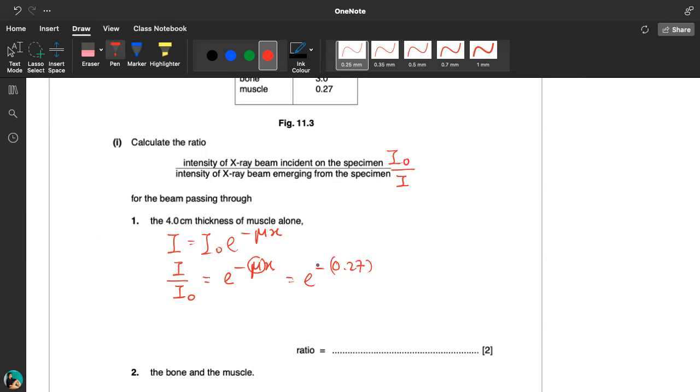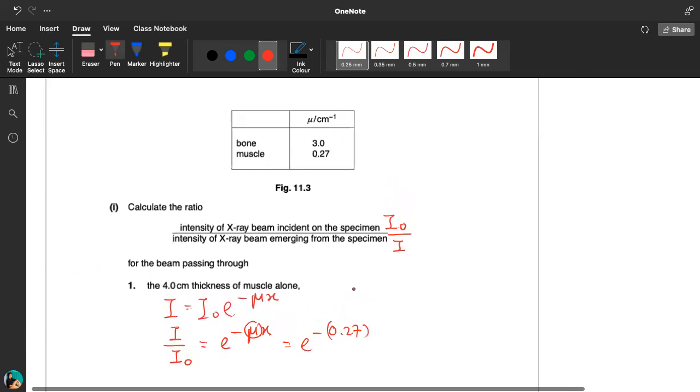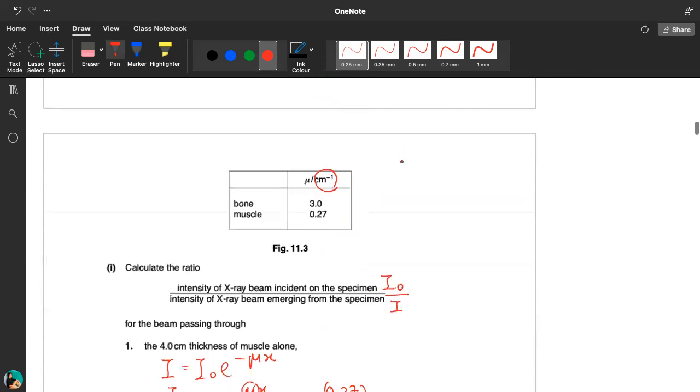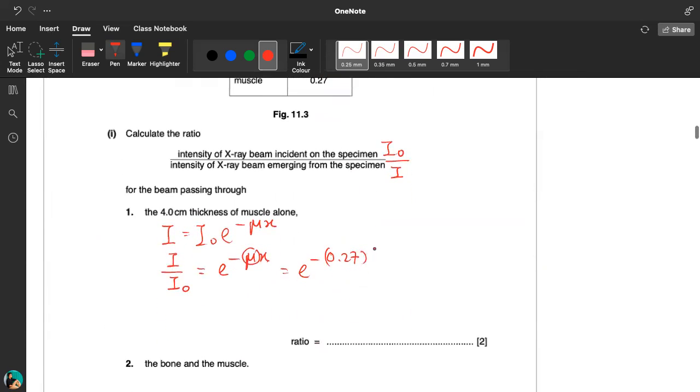And what's the unit? Be careful with the unit. This one is in cm minus 1. Then look at your x, 4 cm. Same unit. And then they want I naught over I, so I just flip this. I naught over I equals e to the 0.27 times 4, equals 2.94.